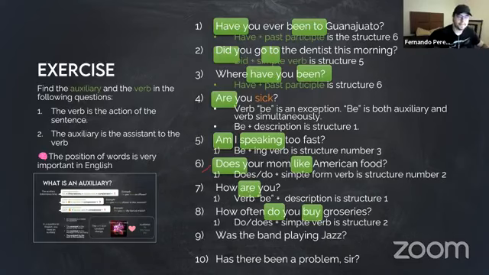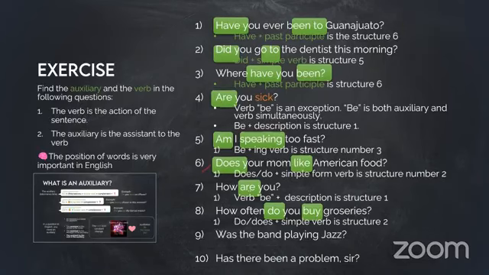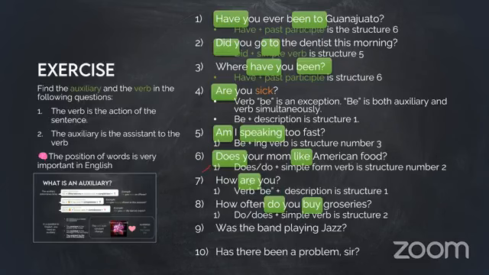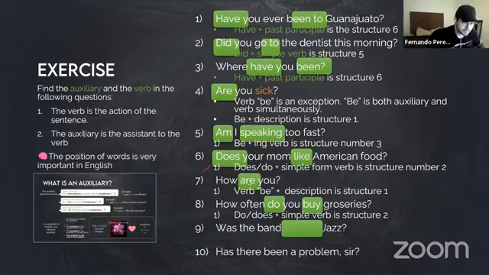Number 9. Val, find the auxiliary and the verb. The verb is playing and the auxiliary was. Perfect. That's correct.